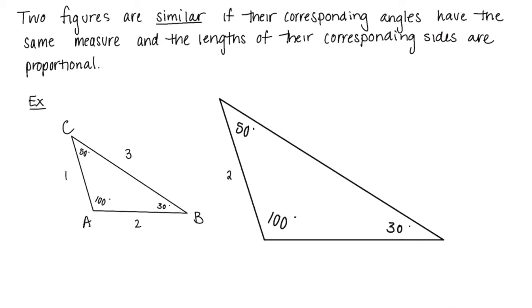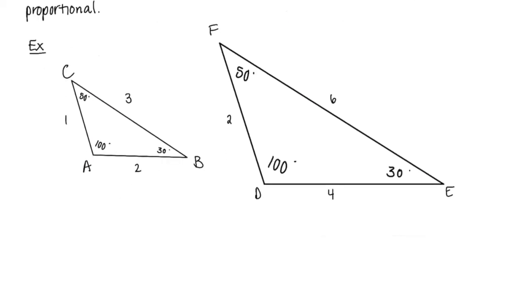So this gets bumped up to 2, this gets bumped up to 6, this gets bumped up to 4. And we'll call this DEF. So triangles ABC and DEF have the same angles. So they are similar.